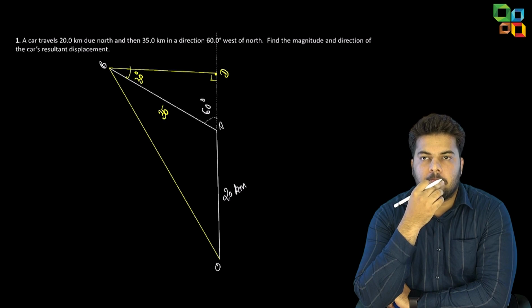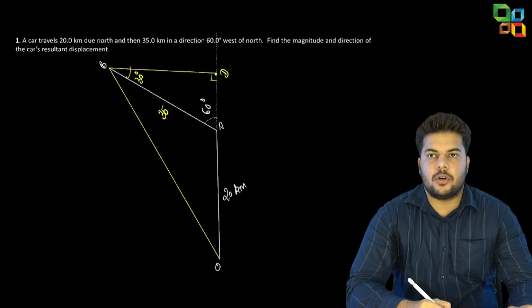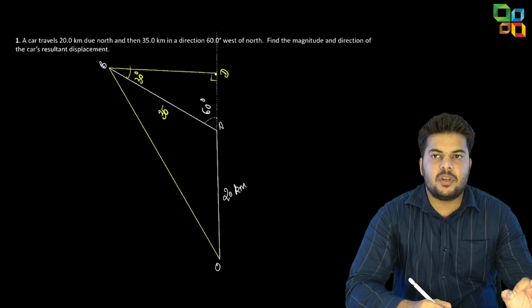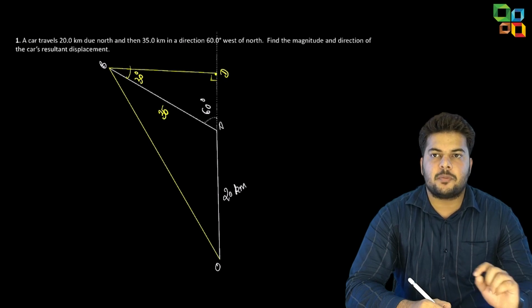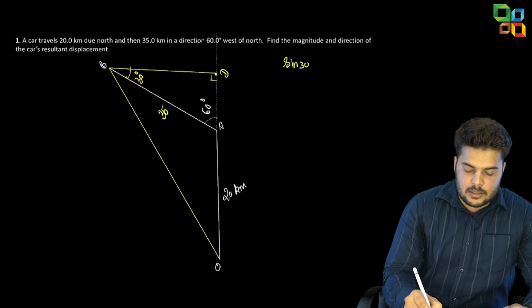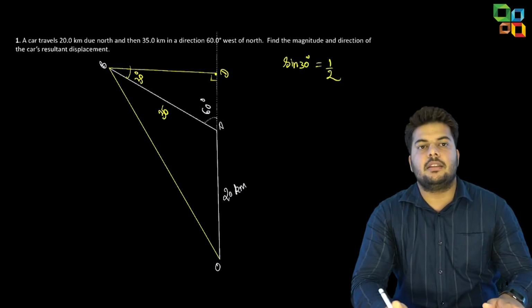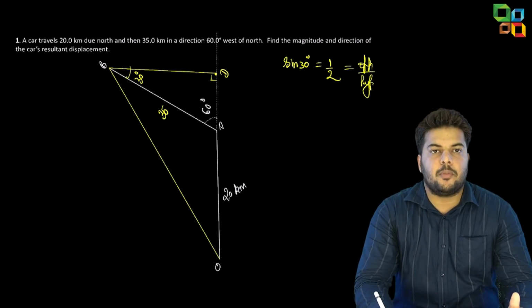We know that the sine of 30 is 1 by 2. What does that mean? Sine means opposite by hypotenuse.